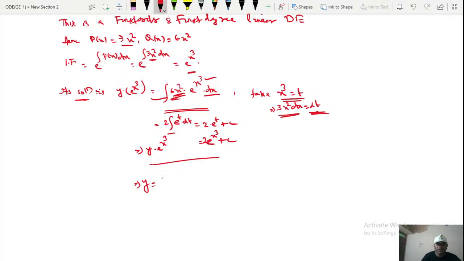So y equals 2, since e to the power x cube cancels out, plus c into e to the power minus x cube. So this will be your answer. This is the procedure you have to remember.